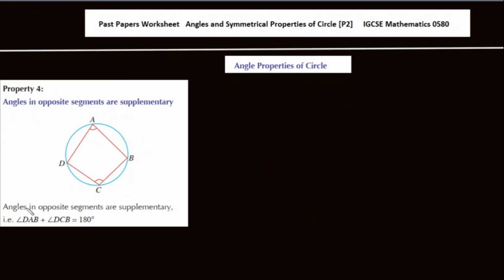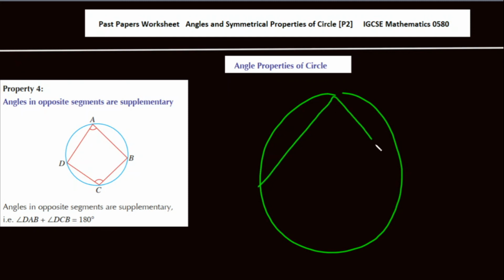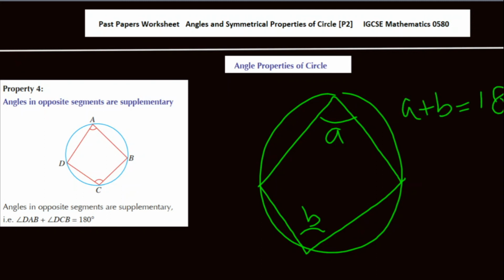Then we have angles in opposite segments are supplementary, or how I put it is angles in a cyclic quadrilateral sum up to 180 degrees. Like it says over here, angles in the opposite segment are supplementary, which simply means that this angle and this angle, if this is A and this is B, then A plus B would make supplementary angles, which means they would sum up to 180 degrees.